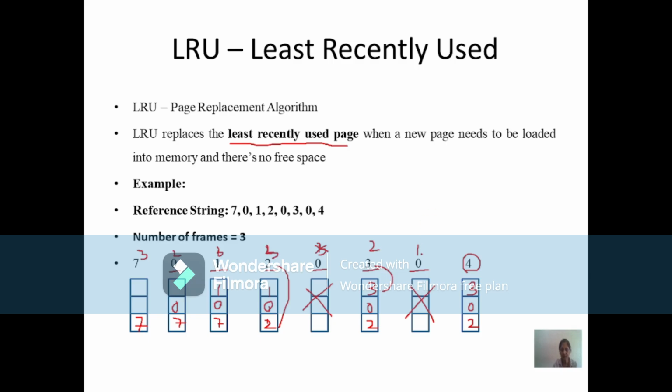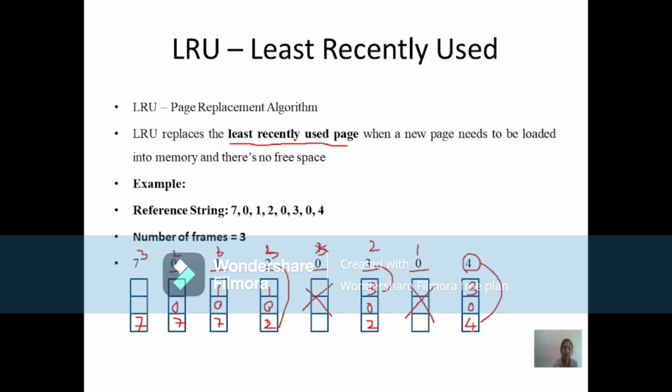So first step 0, second step 3, third step 0 repeated, ignore it, come back. So who is there at the third step? 2. So page number 2 becomes our victim page and we are going to replace page number 2 with page number 4. So let's do that.